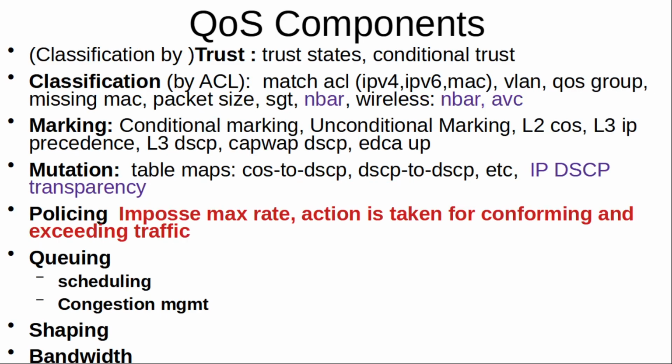Policing means imposing a max rate, and then an action is taken for conforming and exceeding traffic. So notice that you're going to take an action for conforming and exceeding traffic, and you're going to impose a max rate.